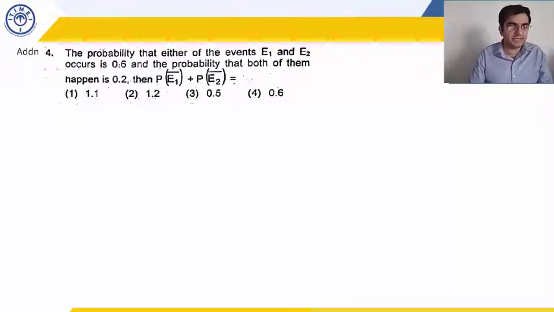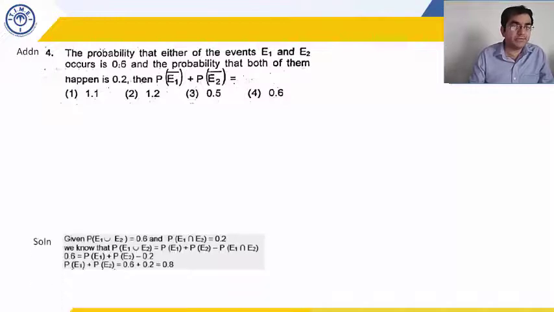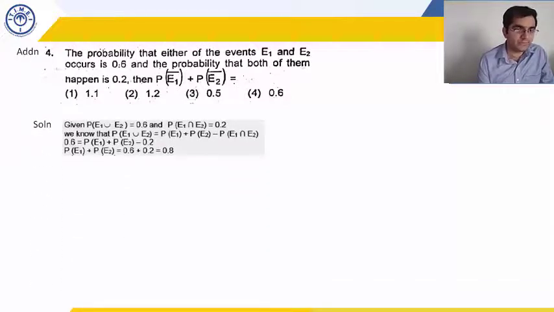Okay, let's begin. Now, probability that either of the events E1 and E2 occurs means probability of E1 or E2. And we already saw what is probability of E1 or E2. That is A union B or E1 union E2. So you are given probability of E1 union E2 is 0.6.